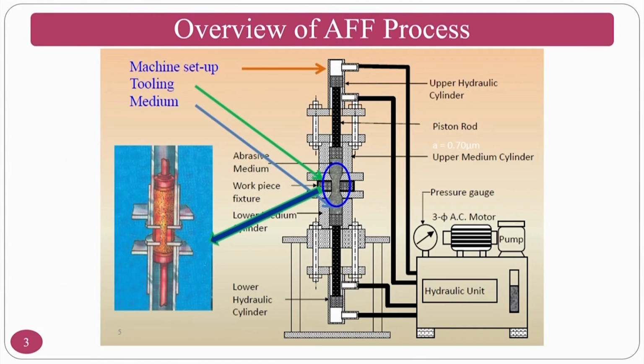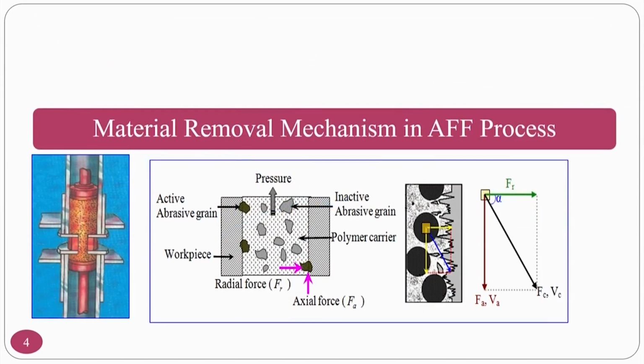Okay, this is what we have seen, the abrasive flow finishing process, where the setup as well as tooling and medium are the three main elements, and we move on so that the finishing will take place in the shearing zone. The material removal mechanism in the previous class I could explain, but from the forces point of view and other points of view, I would like to explain here.